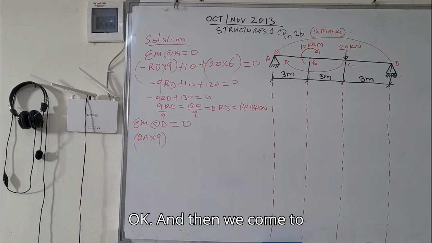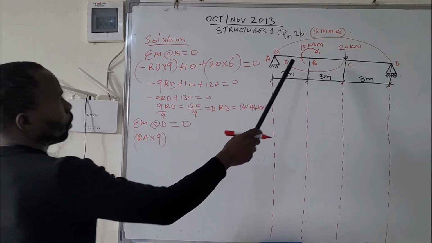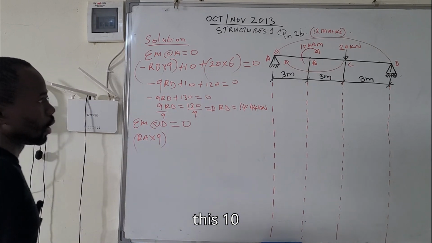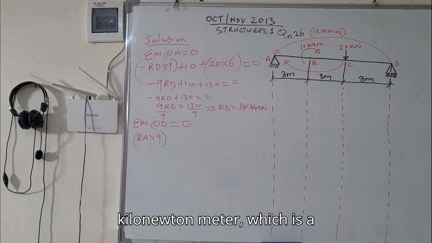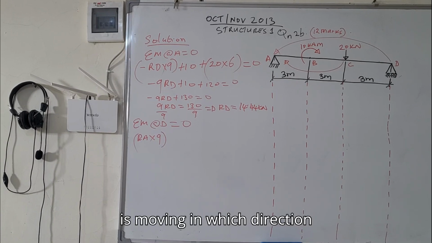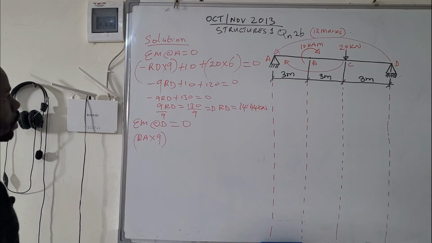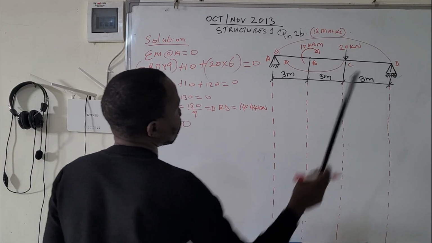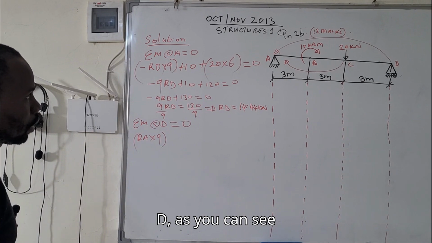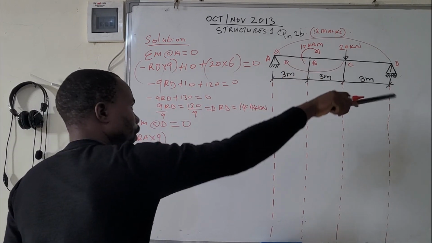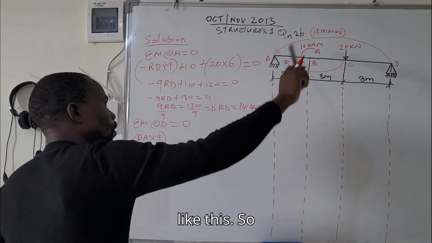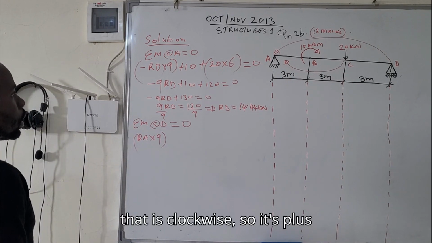Okay? And then we come to this 10 kilonewton meter, which is a moment. In which direction is this moment moving in reference to point D? As you can see, like this, that is clockwise.